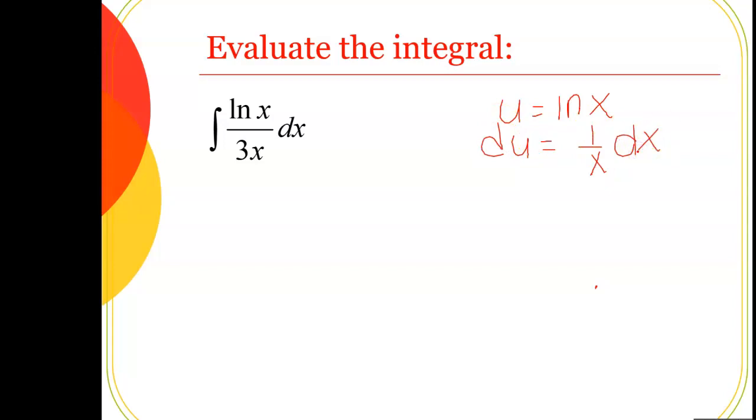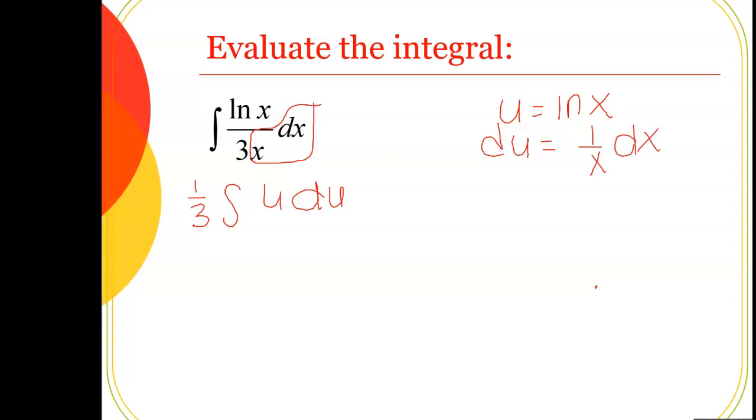So when you substituted, the ln became your u, and the 1 over x dx becomes your du. That 3 is sort of hanging out, tagging along, but remember we can take out constants. So I'm going to take that 1/3 and pull it out in front.